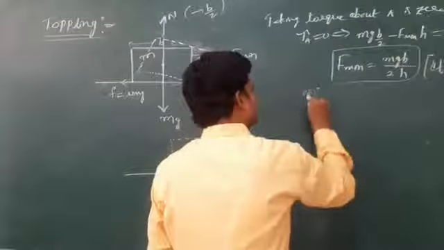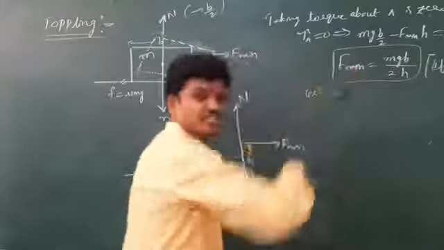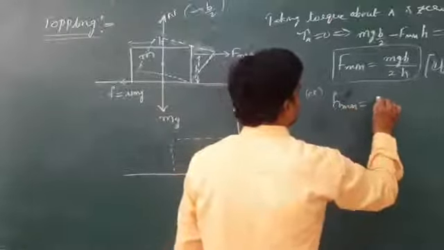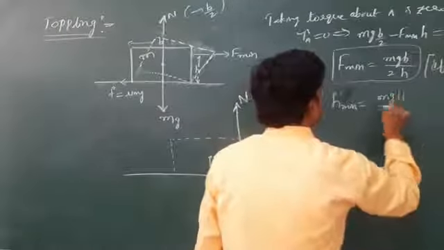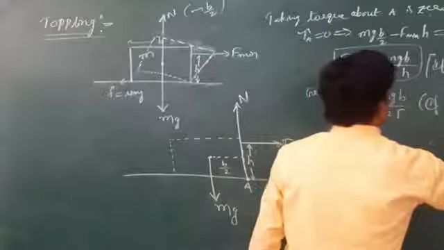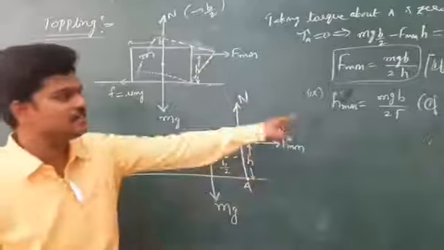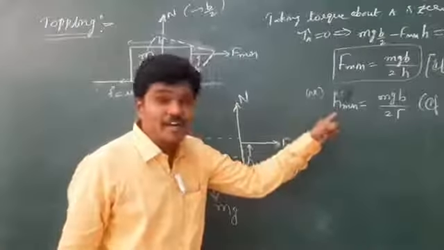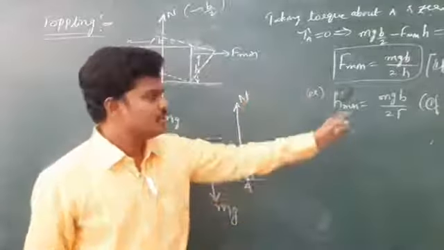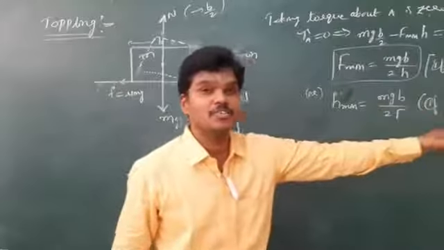And if you apply a constant force, we can write the minimum height as mgb by 2F. It means at this minimum height you have to apply a constant force so that the body topples. Okay, minimum height when force is constant.